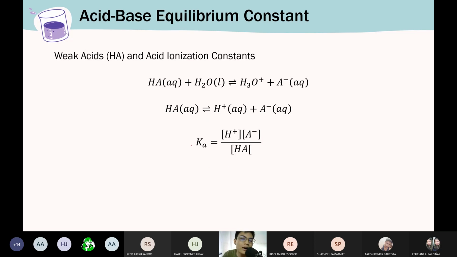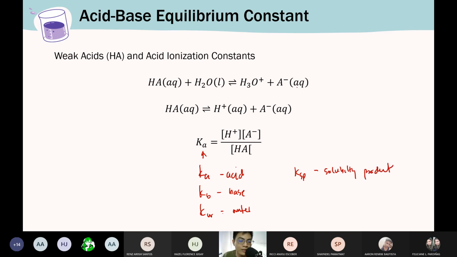This equilibrium constant is for acid. That's why we write Ka. So Ka kapag acid. Kapag base, edi Kb. Kapag Kw, edi water. Sa next session natin, meron pang tinatawag na Ksp, that's a solubility product.